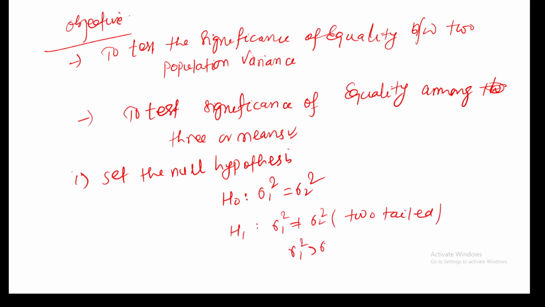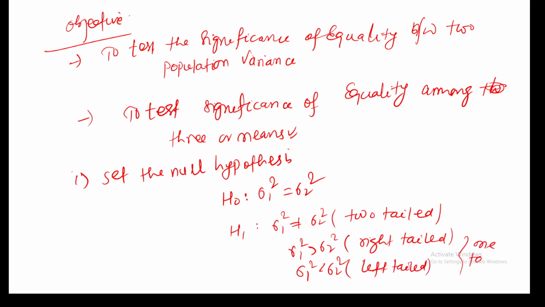If it is greater than this one, we'll say right tail, or one more, left tail; these are both one tail. Okay, so this is about setting the null hypothesis.